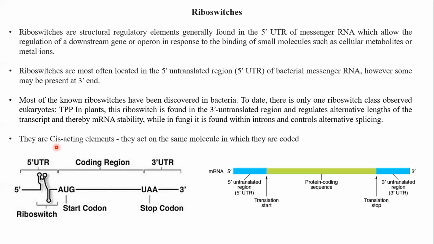Here, cis-acting elements means the element is present in the same molecule and acts on itself. They act on the same molecule in which they are coded, and trans-acting elements act on another molecule. So here you can see these riboswitches are cis-acting elements. That means this particular riboswitch will act on this mRNA itself in which it is coded.